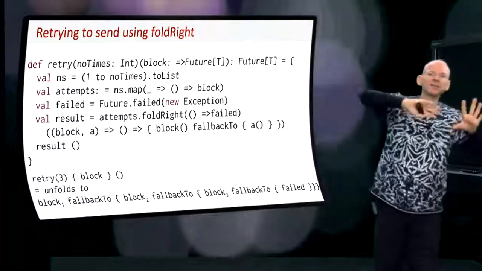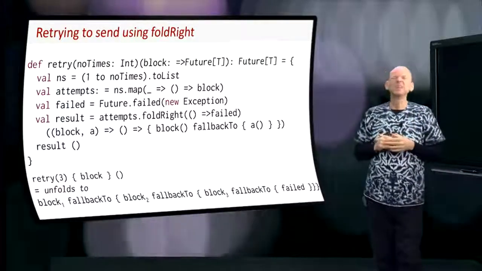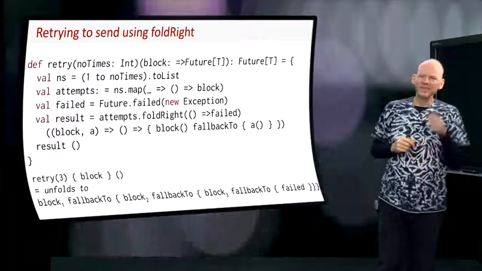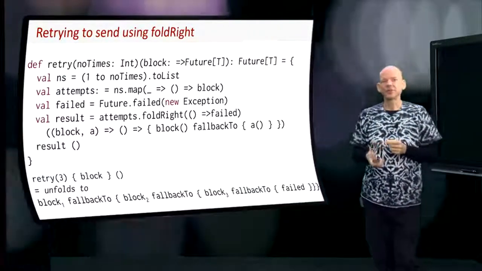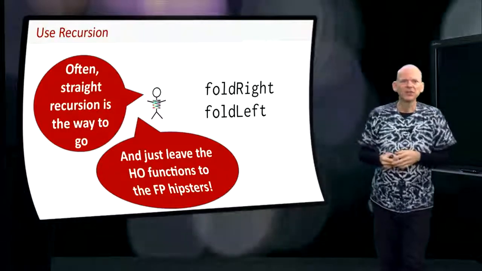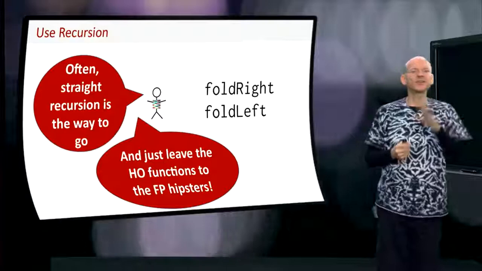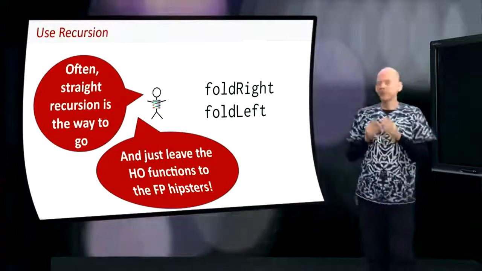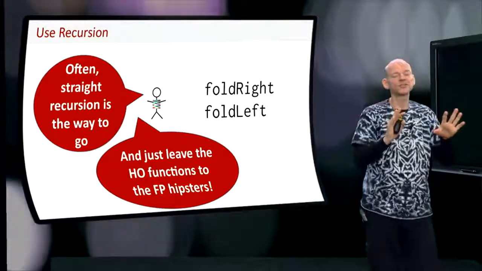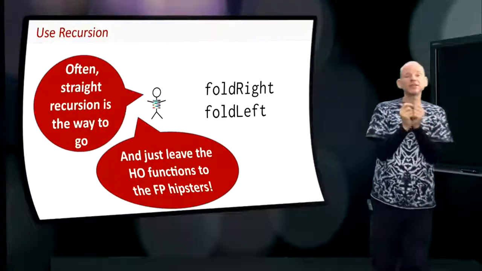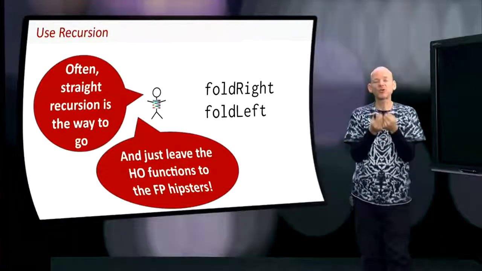This looks super cool with lots of higher-order functions, but to be honest, I think that in this case the recursive solution was the simplest one. Sometimes straight recursion is the way to go, and we should just leave those higher-order functions to the functional programming hipsters. And this is one of the most important things of mastering programming.